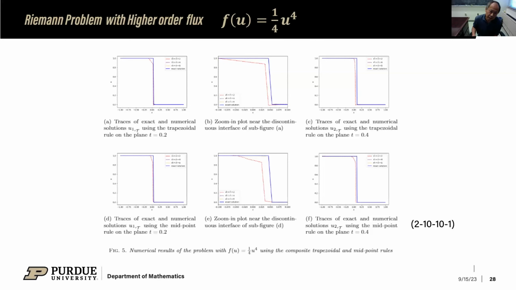So now we're looking at a convex flux still, but instead of a quadratic, we're using u to the fourth power. So this is the reason we introduced the discrete divergence operator. In the beginning, we wrote a paper because we don't understand the hyperbolic conservation law very well. So we're using the ENO and the WENO scheme, using their idea to construct the discrete divergence operator to approximate the divergence.